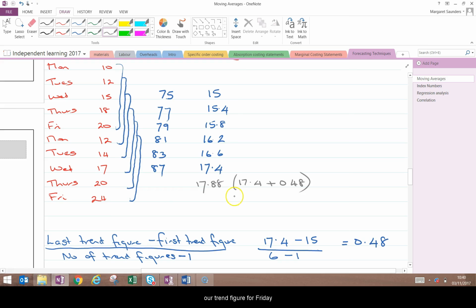Our trend figure for Friday, 17.88 plus another 0.48.